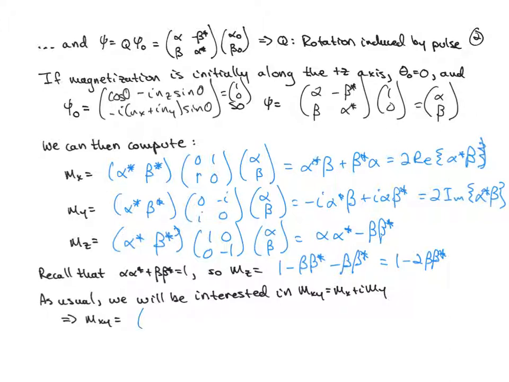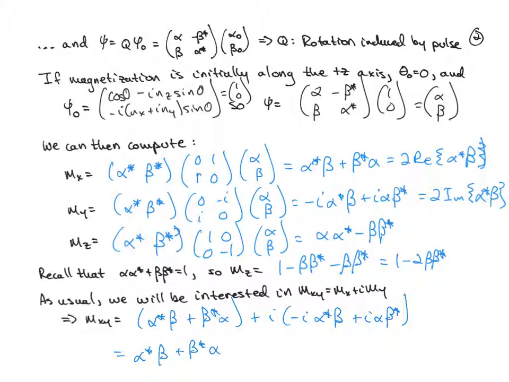And so we need to combine the Mx and My equations to get alpha conjugate beta plus beta conjugate alpha plus i times minus i alpha conjugate beta plus i alpha beta conjugate. And we can simplify this down. So we get alpha conjugate beta plus beta conjugate alpha plus alpha conjugate beta minus alpha beta conjugate.